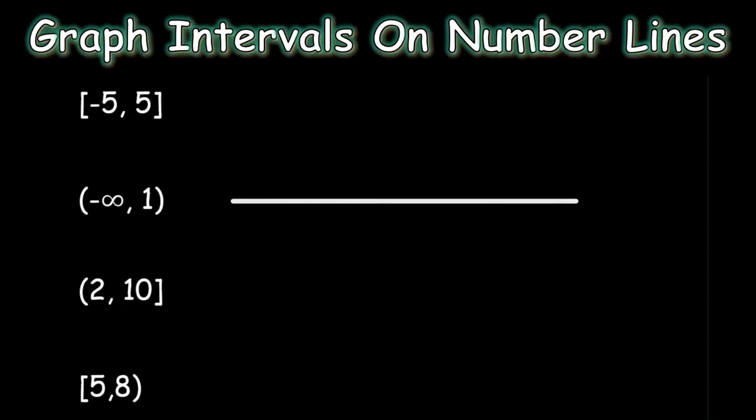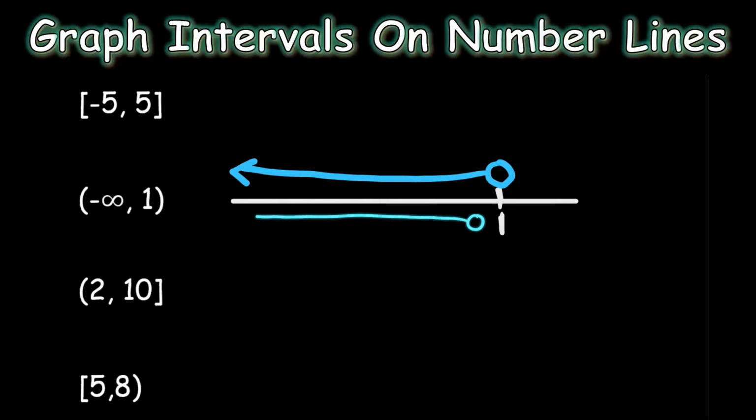So let's go ahead and put 1 on our number line here, and since it's infinity, we don't have to really graph that. So let's go ahead and put our open circle over 1, showing that it's not included in our number line. And since it's infinity, we just go ahead and put an arrow showing that it can be any number from 0 to negative anything.